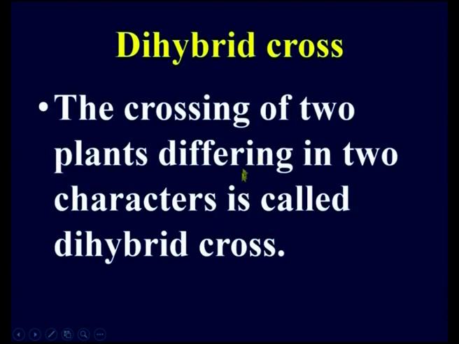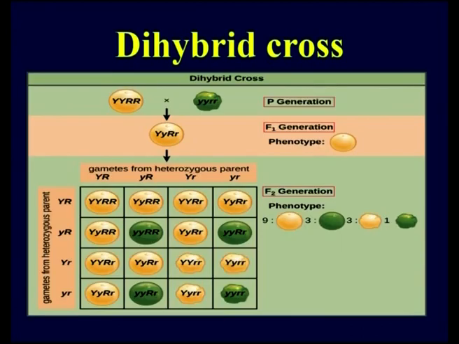Now, if we go with dihybrid crossing, what does it mean? That means we are talking about crossing of two plants which are similar but differing in two characters. Such a type of crossing or breeding between these plants is called a dihybrid cross. Mendel chose for dihybrid crossing to study the color of the seed of pea plants along with the shape.